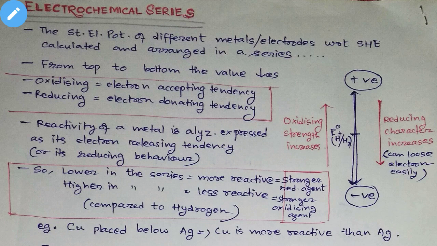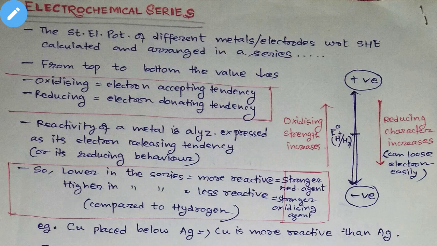The standard electrode potentials of the different metals have been taken out by this method, using the standard hydrogen electrode as a reference, and arranged in a particular series with respect to hydrogen. These electrode potentials are taken at standard conditions, like 1 mole concentration of the solution. That particular series is known as the electrochemical series.